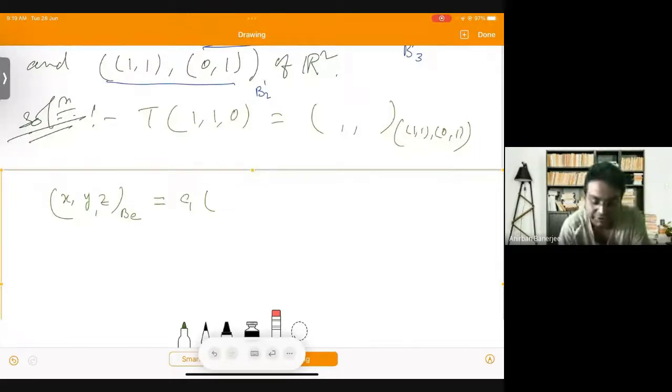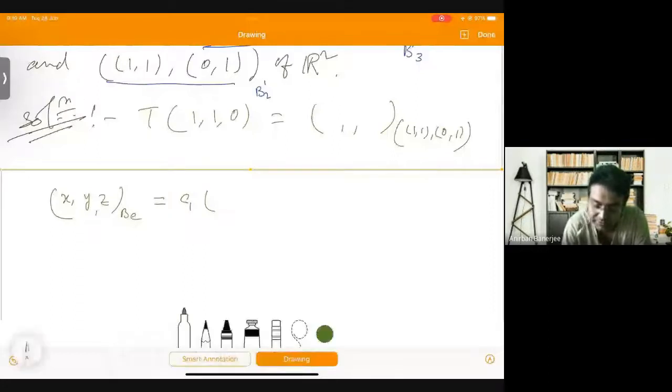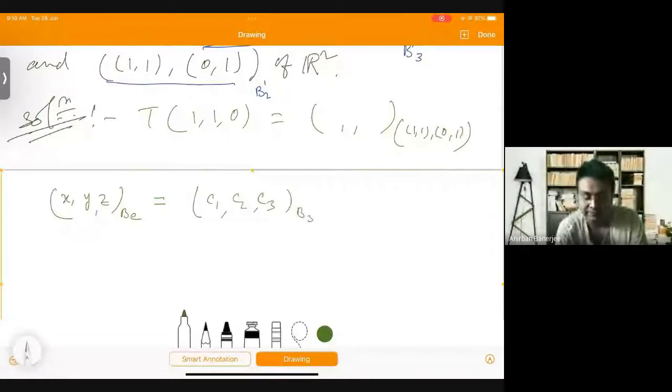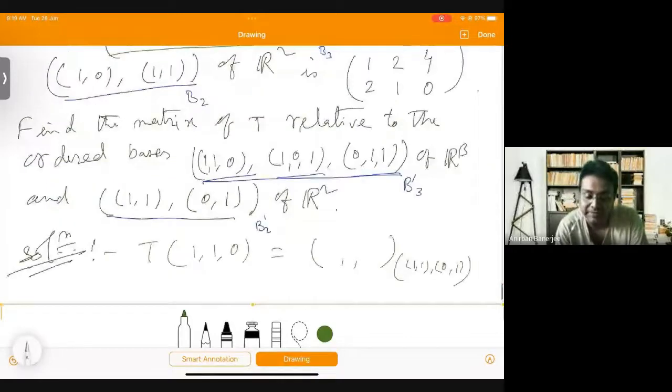Okay. Now what we have to do, first of all, we express this in terms of the coordinates, let's say C1, C2, C3. These are the coordinates with respect to the basis B3. Why do we want to do that? There is a reason, because if we know the coordinates with respect to B3, we know the transformation matrix, right?